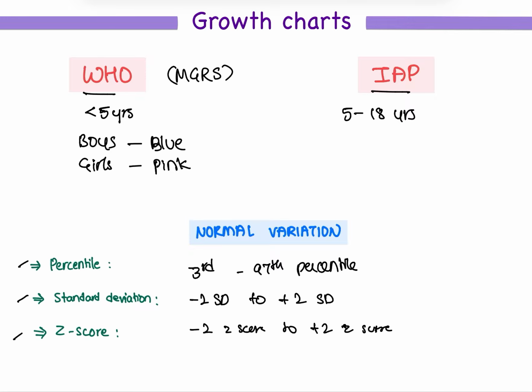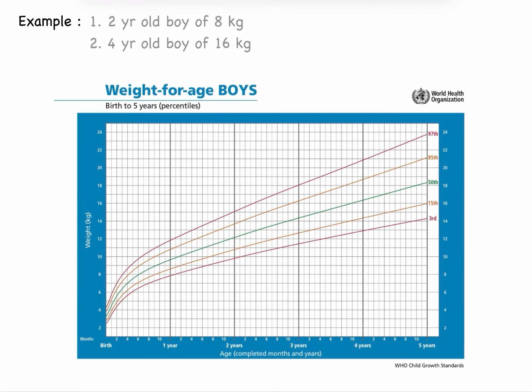Let us see an example. So here we are taking weight for age WHO chart for boys. In first scenario, 2-year-old boy of 8 kgs. So how to plot? Here we have to see 2 years in this way. Then weight is 8 kgs.